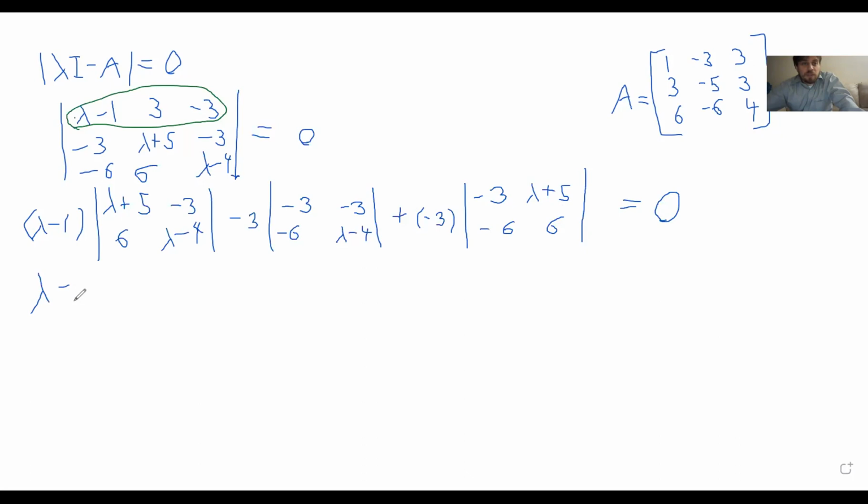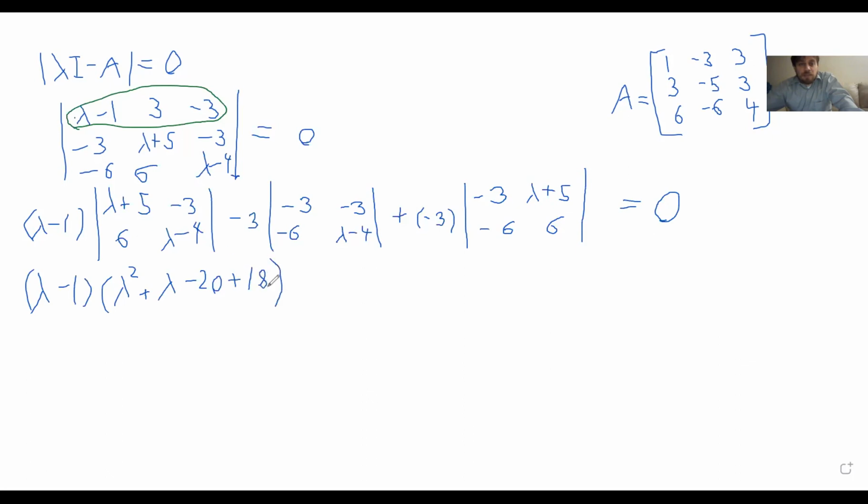So you get lambda minus 1 times the determinant of that submatrix, which is lambda plus 5 times lambda minus 4, minus negative 18 or plus 18. So you get lambda squared plus lambda minus 20, and then plus 18.